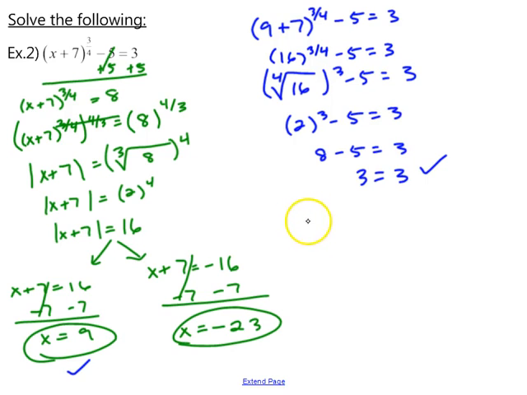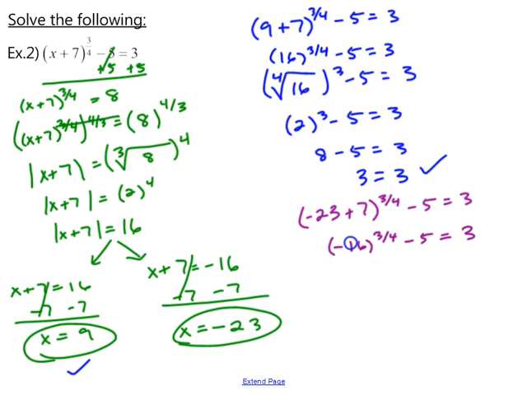So x equals 9 is one of our solutions. And let's check the second one. We have negative 23 in place of x, plus 7 raised to the 3/4 power, minus 5 equal to 3. Negative 23 plus 7 is negative 16 raised to the 3/4 minus 5 equal to 3. And then when we change this into radical notation, we have the 4th root of negative 16 cubed minus 5 equal to 3.